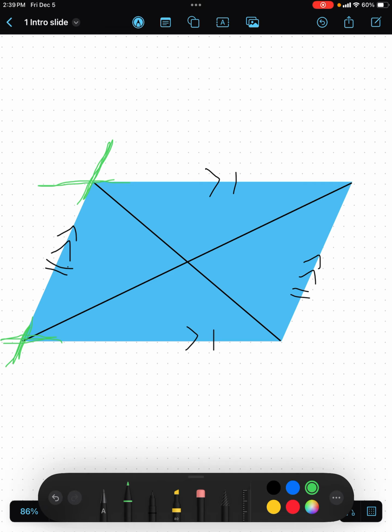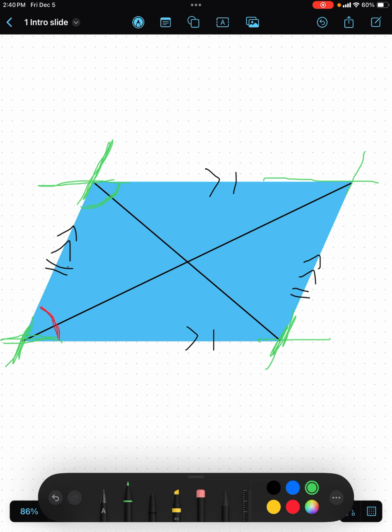What we have here is a set of same side interior angles. So right there, that green angle, and this red angle down here. And because they are same side interior angles, we will say that those two angles are supplementary to each other, meaning they add up to 180 degrees. We can also do the same thing on this side.